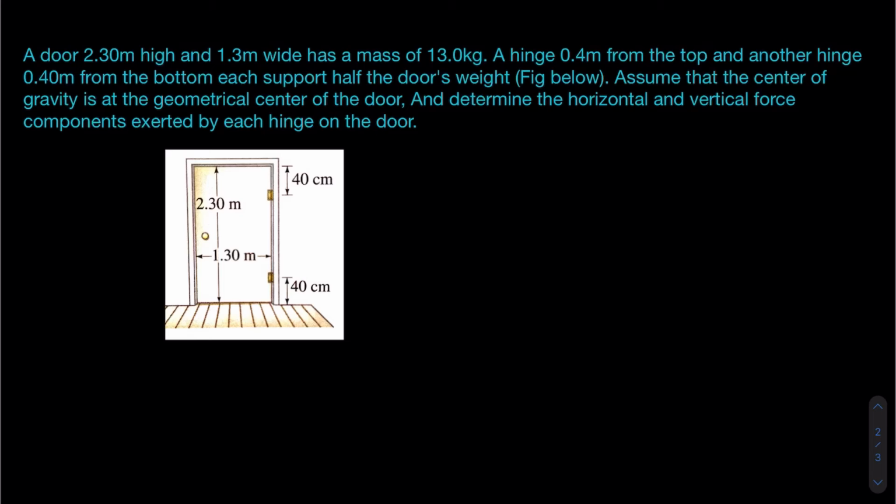A door 2.3 meters high and 1.3 meters wide has a mass of 13 kilograms. In this case, we are supposed to determine the horizontal and vertical force components exerted by each hinge on the door.